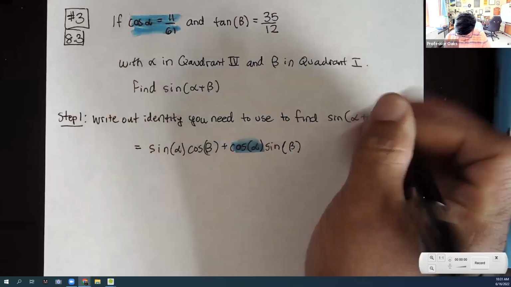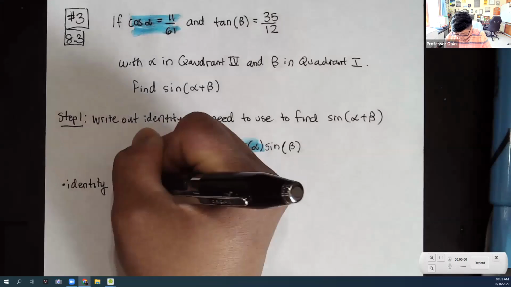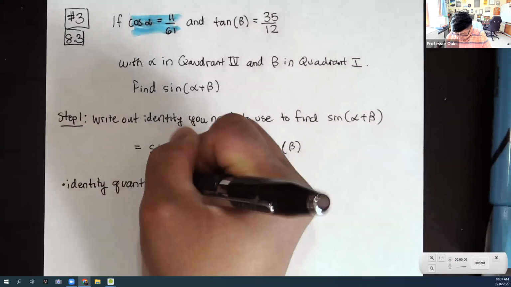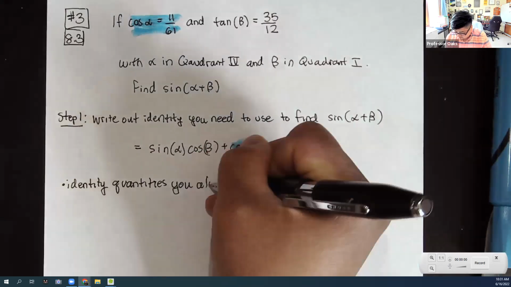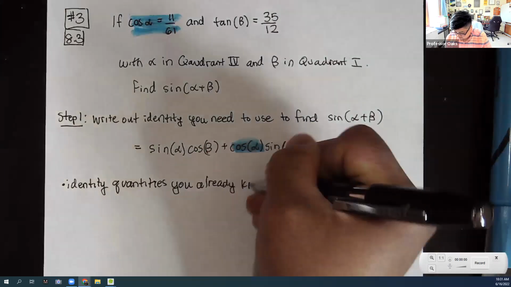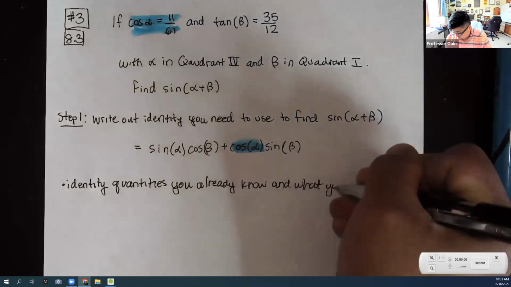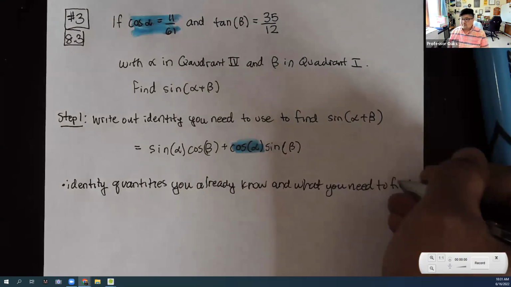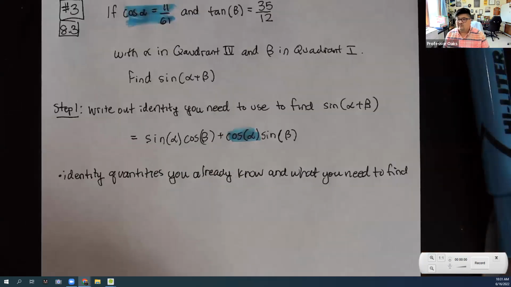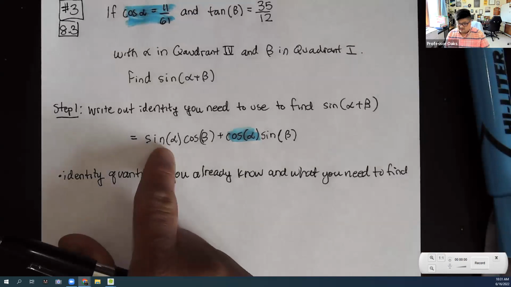Then identify the quantities you already know and what you need to find. All right, so we know that we need to find the sine of alpha first.